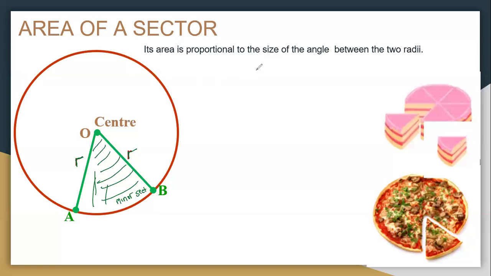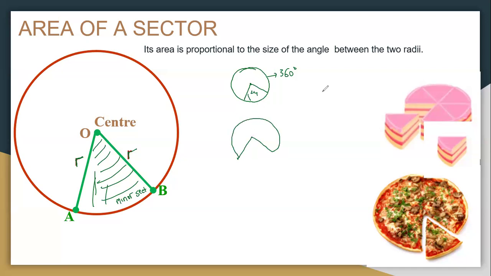But we know that when I have a circle, the total number of degrees I turn around a circle is 360 degrees. So when I cut out a small portion, let me say this is the portion that I'm cutting out, I'm removing this, and I'm going to have this remaining.